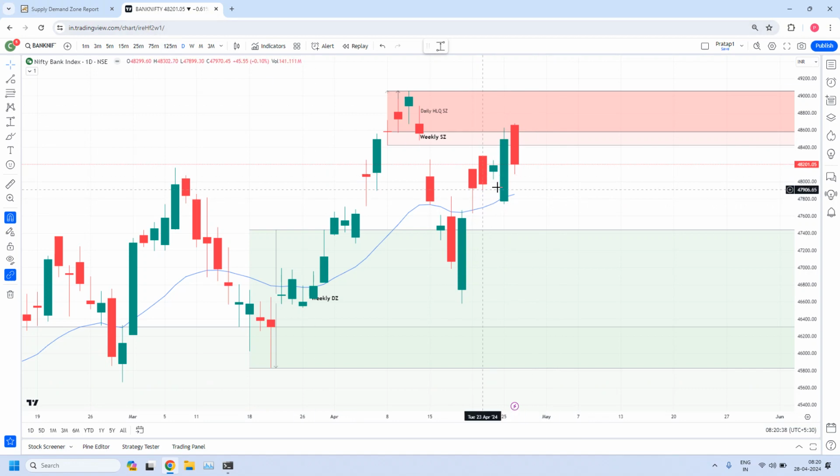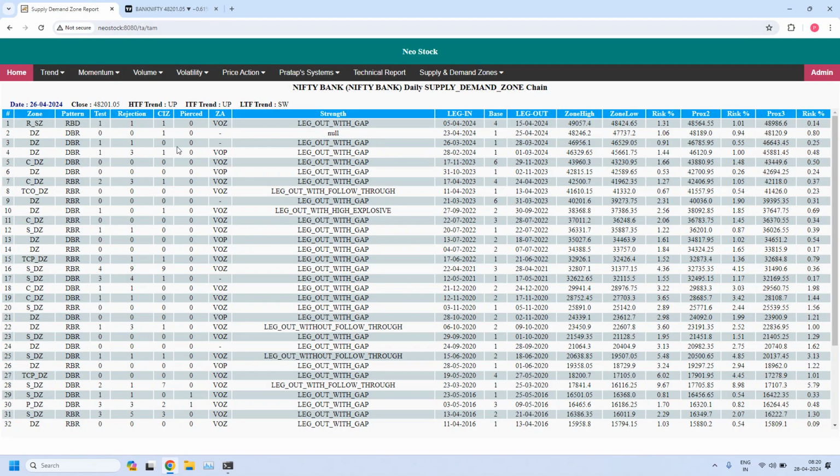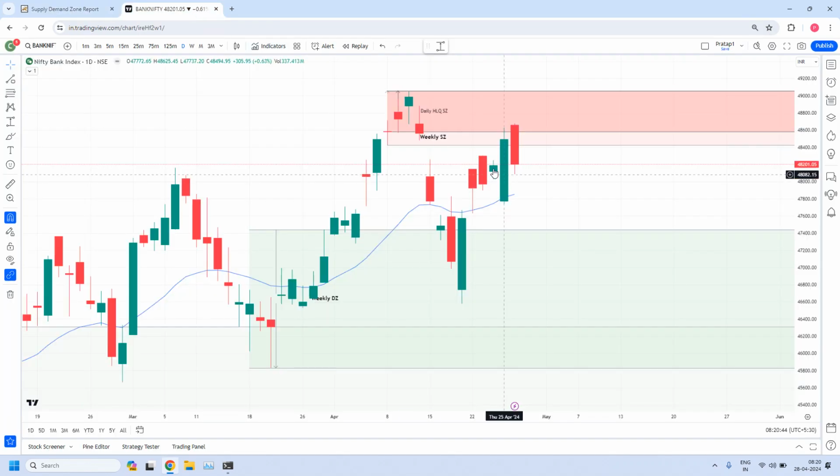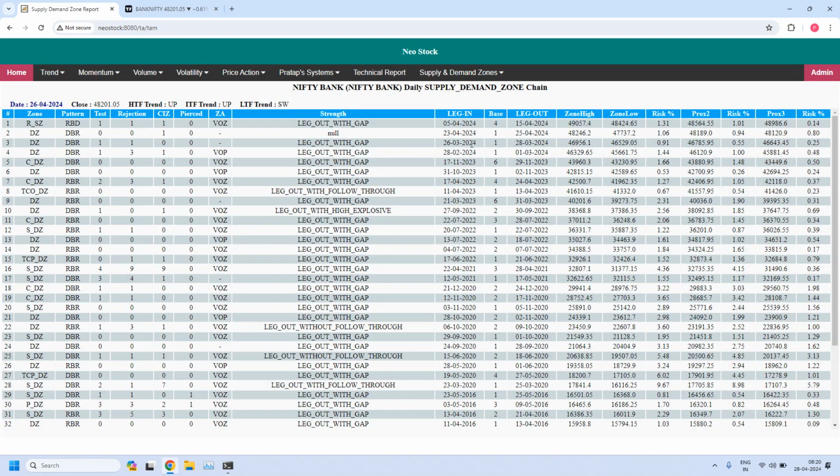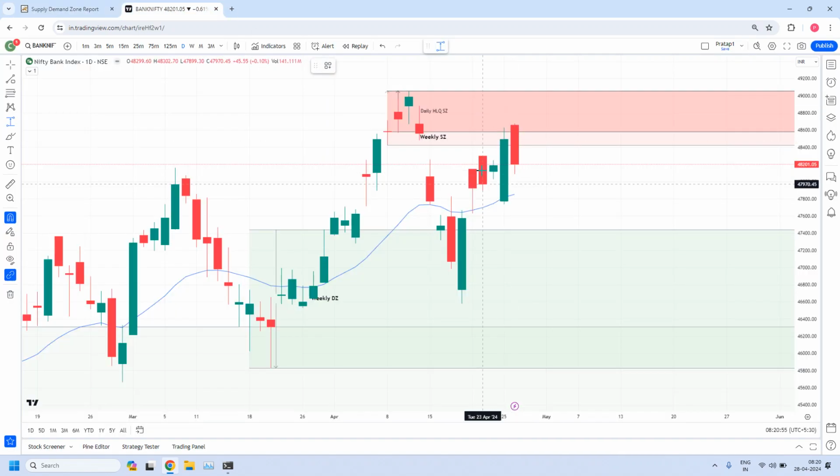So here drop base rally. Yeah, drop base rally. This is the one. This is the 23rd 4, 4 means April, 23rd April. The zone will be like this.